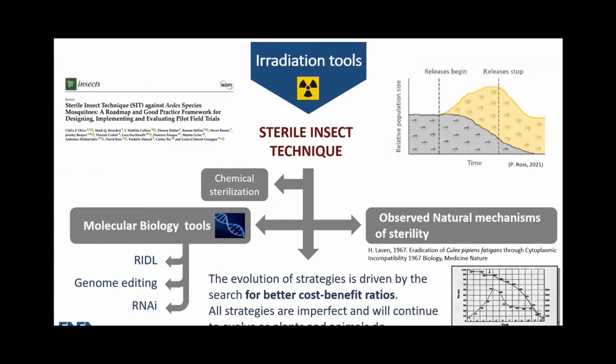In this slide, you can see the innovative contribution of molecular biology, but even before there had been the observation in nature of an unexplained form of sterility, reciprocal sterility between different Culex populations.